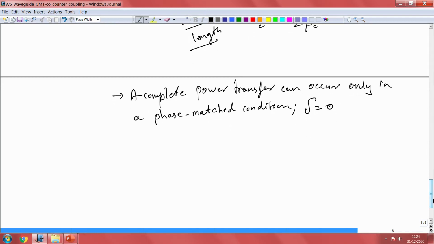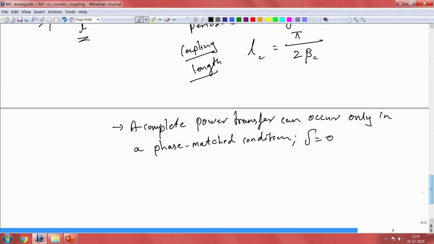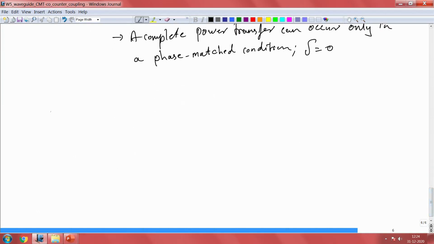Let us look at how that will happen. You can numerically do that based on the equation we have, but let me show you qualitatively how this would happen. Let us say this is a function of length and this is for delta equals 0. This is the power exchange. Let me take two colors here: blue is for A and red is for B. Here blue gives you the A coupling.